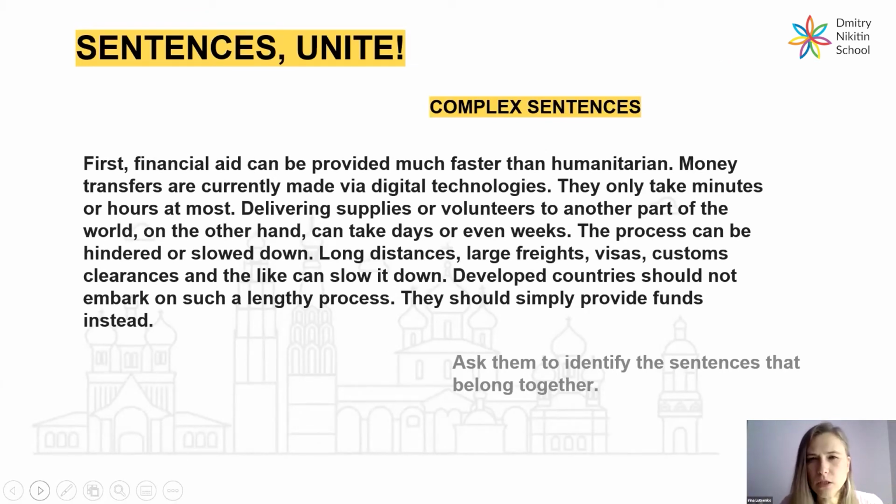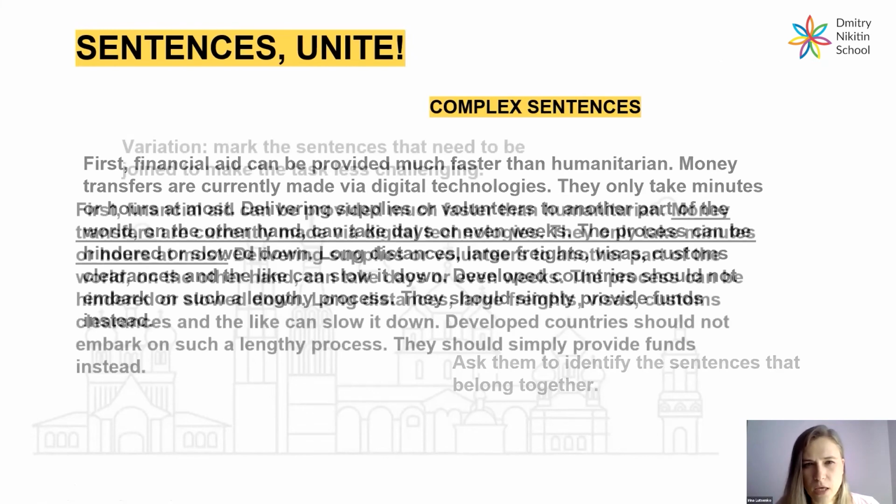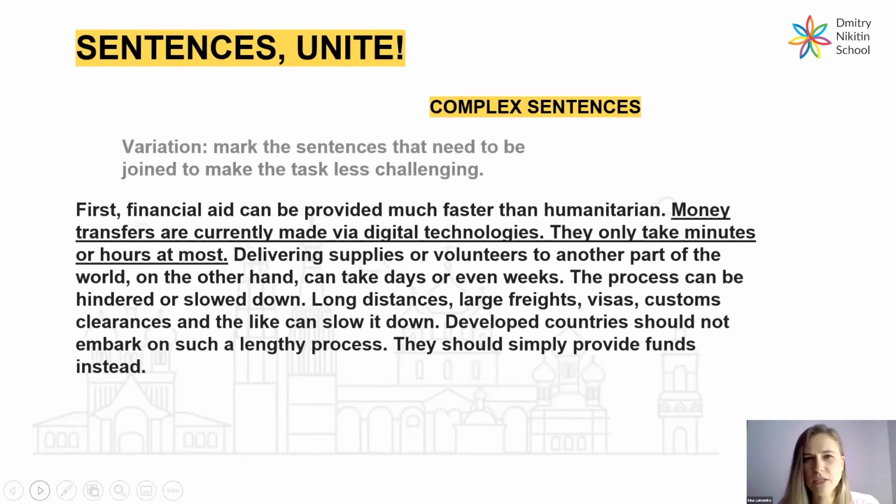So you can ask them to do that, or you can discuss this together. Which sentences belong together? Let's identify the sentences that belong together. Or you can even mark the sentences that need to be joined together to make the task less challenging.